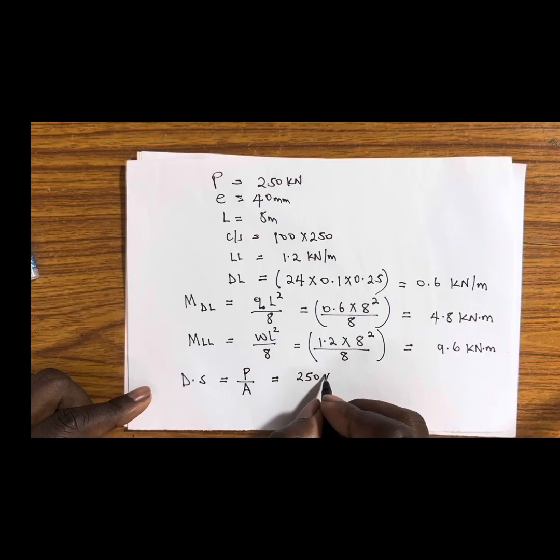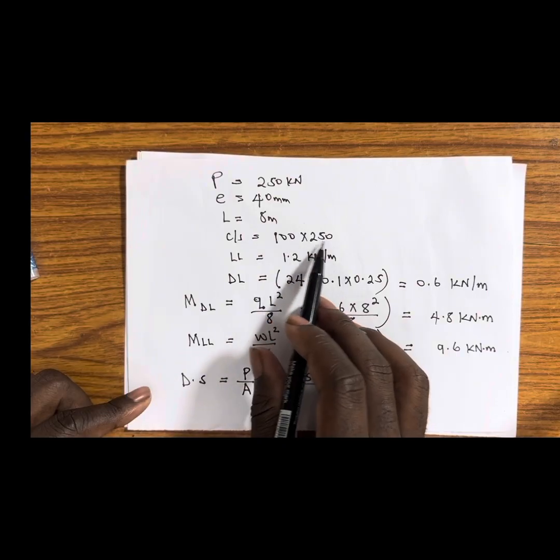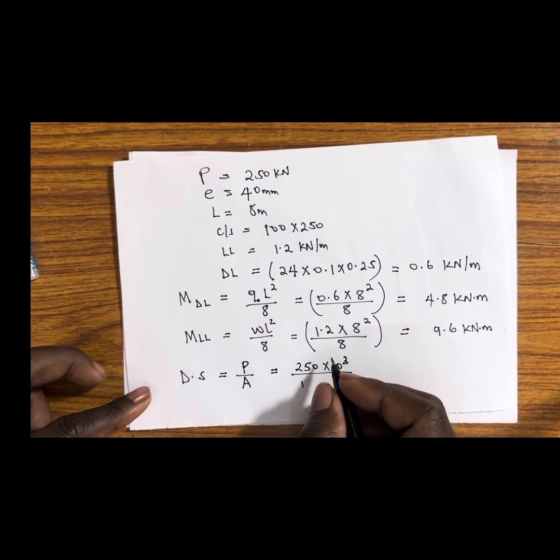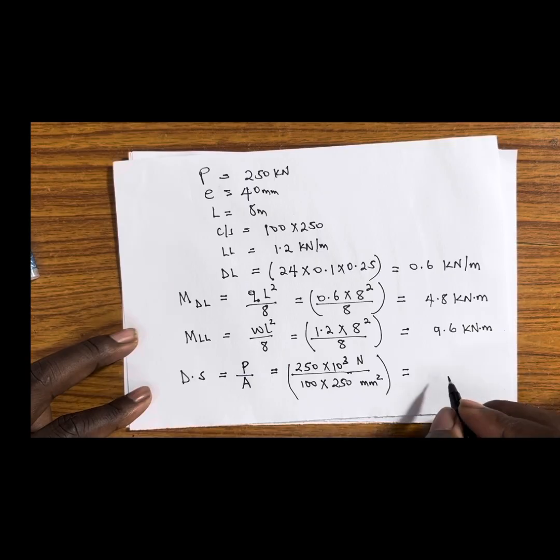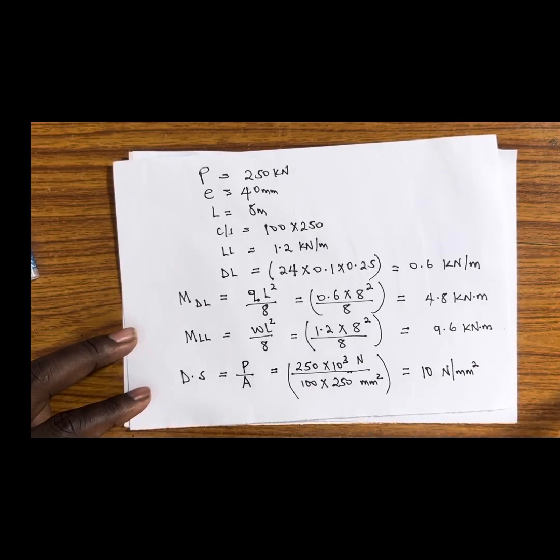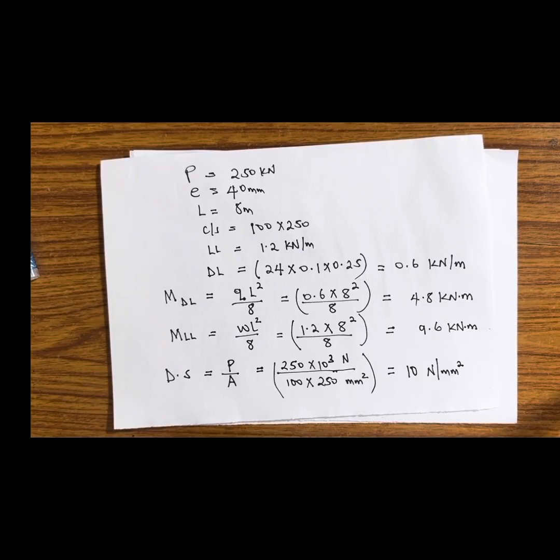If I want it in terms of newton, then I have to multiply by 10 to power 3. Divide this by the cross-sectional area, 100 multiplied by 250, so up is newton, down is millimeter square. This answer is going to give you 10 newton per millimeter square. That is our first stress in this beam.